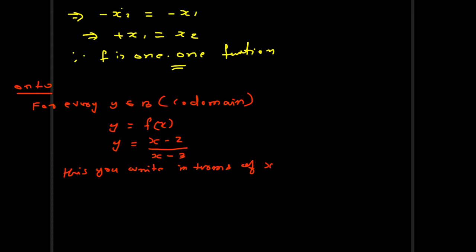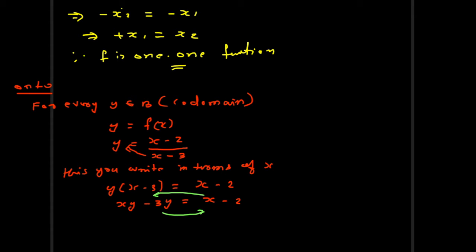So here first you cross multiply: y into the denominator (x minus 3) equal to the numerator (x minus 2). So remove the bracket: y into x is xy, y into minus 3 is minus 3y, equal to x minus 2. So here listen, you keep x on this side and y on this side.